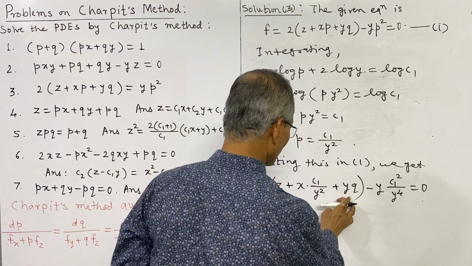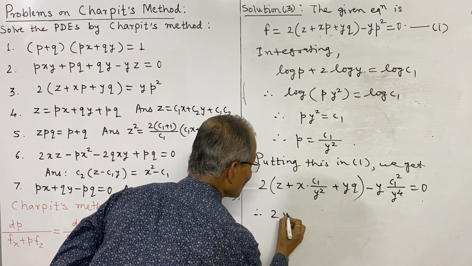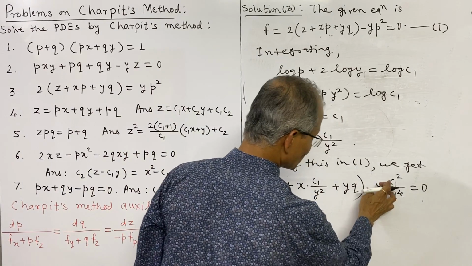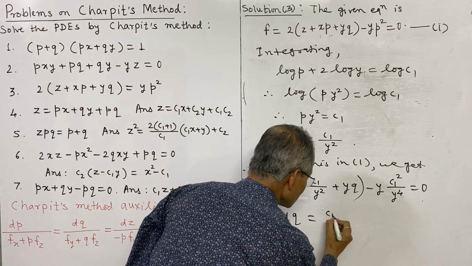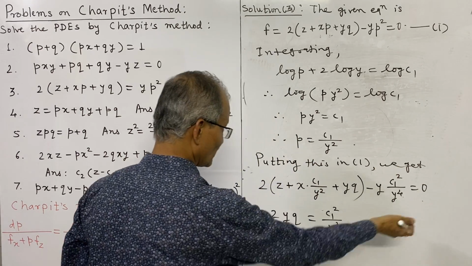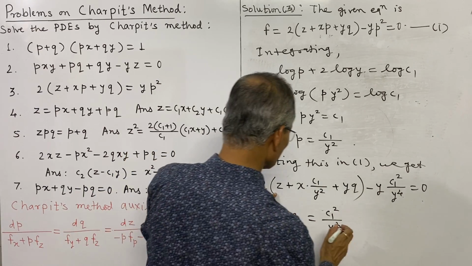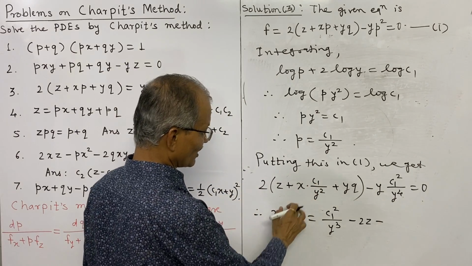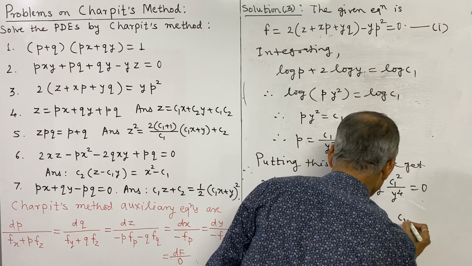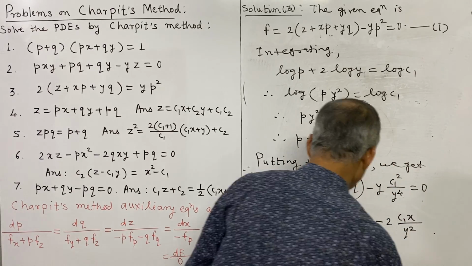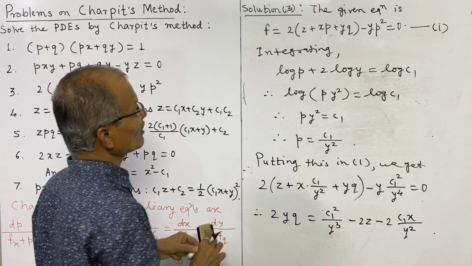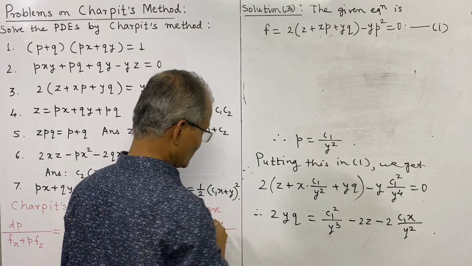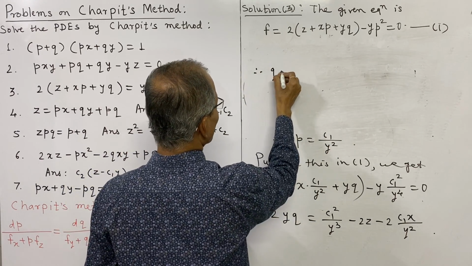So here it is 2y into q is equal to, remaining I shall write on that side: this term is c1 square upon y cube, positive on that side, and this is negative 2z, and this is negative 2 c1 x divided by y square. Therefore q will be this divided by 2y.